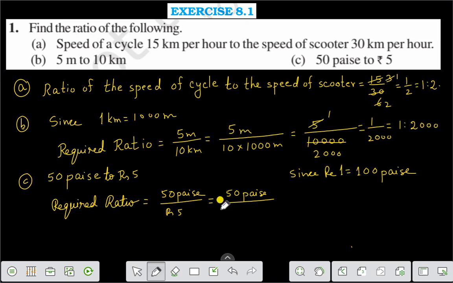Rupees 5 is 5 into 100 paise, that is 500, so 50 by 500. This 0 and this 0 will cut, and 5 ones are 5 and 5 tens are 50, that is equal to 1 by 10. Therefore the ratio will be equal to 1 is to 10.